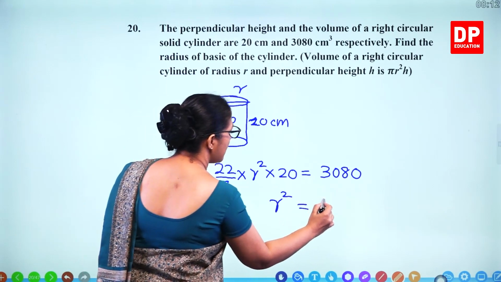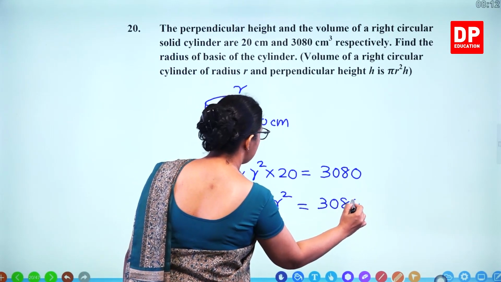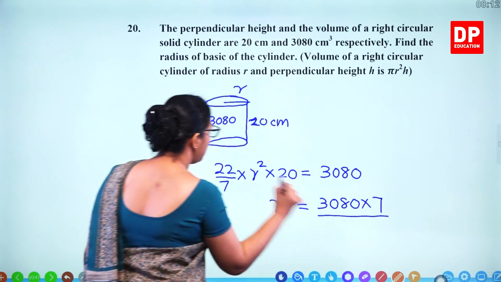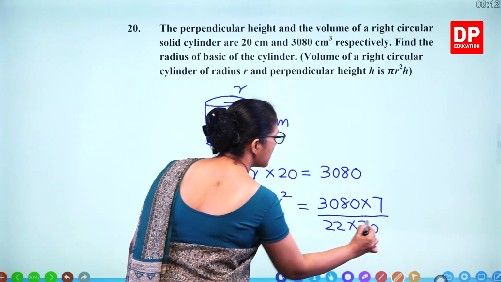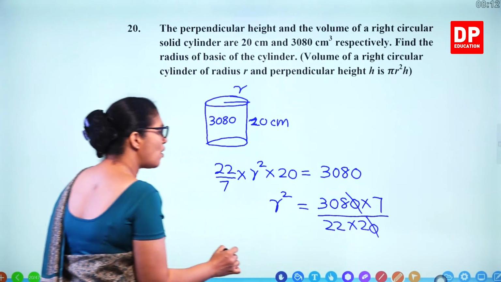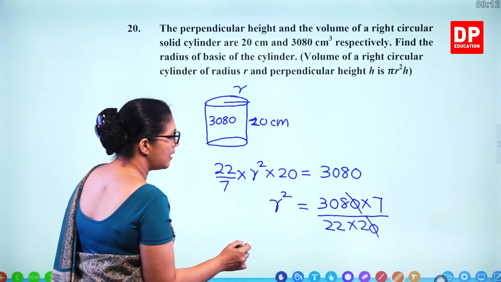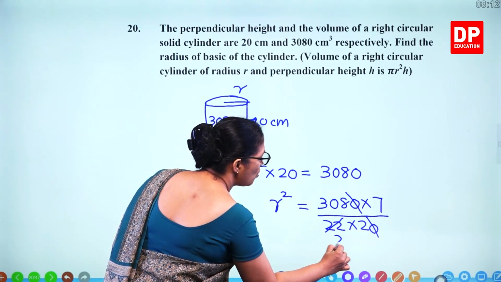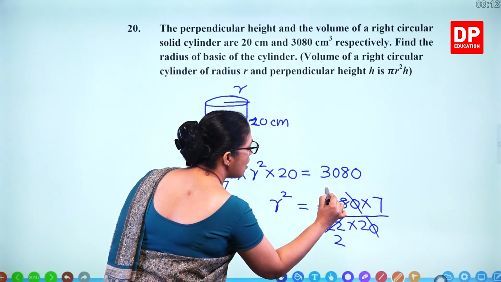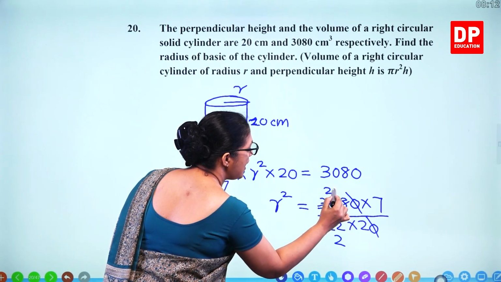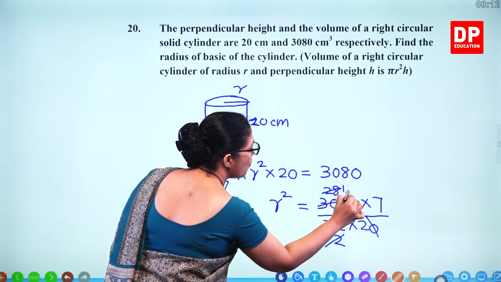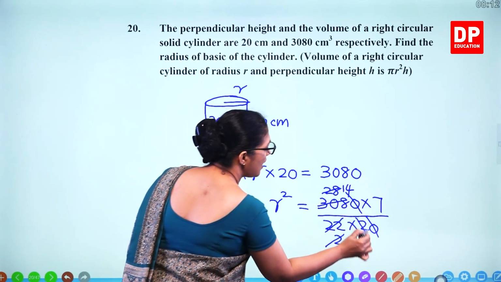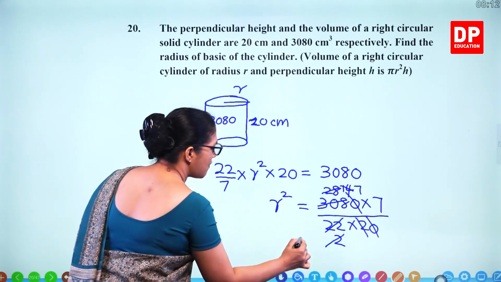You can multiply by 7 and divide by these two numbers, 22 and 20. 0 gets cancelled out and 11 times 2 is 22, and 8, that's 2 times 14, and here 2 times 7. 7 squared.